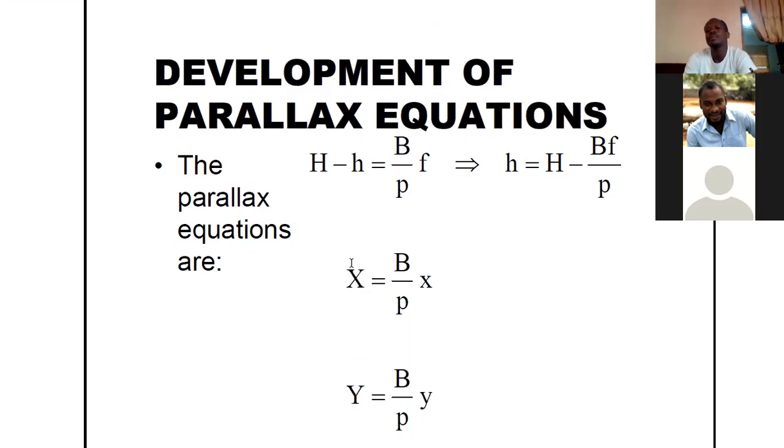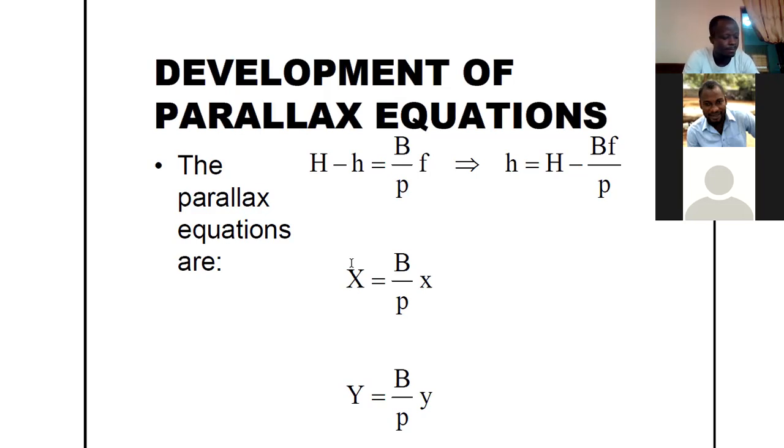For any point of height h above the datum, we can establish that h is equal to the flying height minus the air base, capital B, times focal length, and then over the parallax.